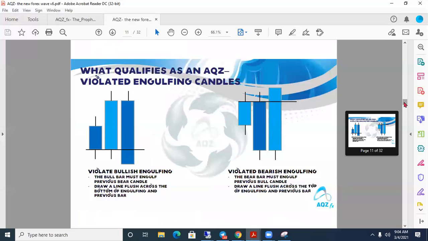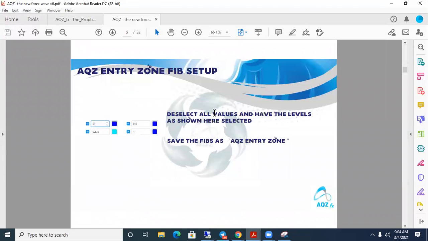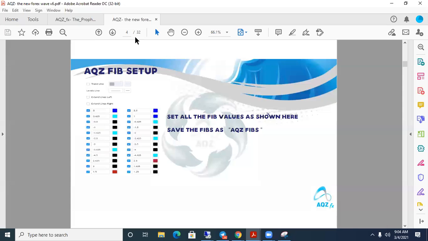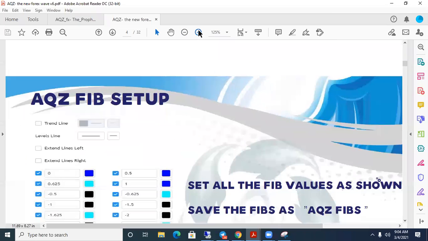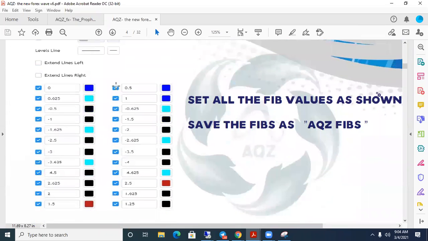This is that for acquisition zones. So for those of you asking how you would set up your AQZ on MT4, it's very straightforward. Just follow this. Let me magnify this a little. Follow this on your MT4, and you have your AQZ on your MT4.